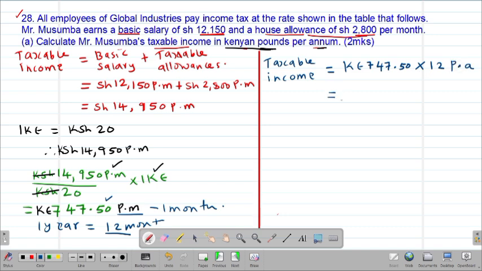Your calculator is going to give you 8,970 Kenyan pounds per annum. Therefore, this is what we are calling the taxable income in Kenyan pounds per annum.